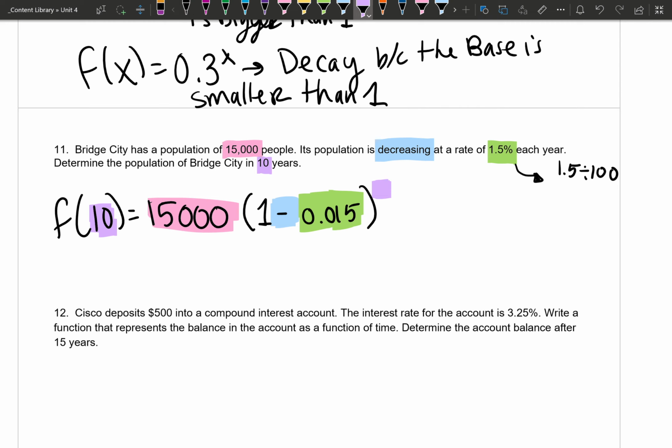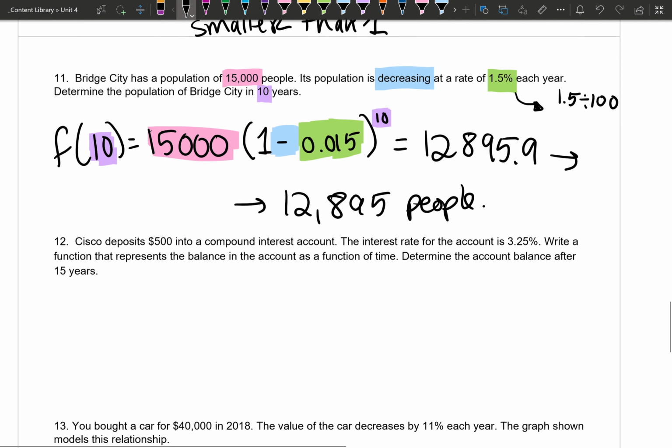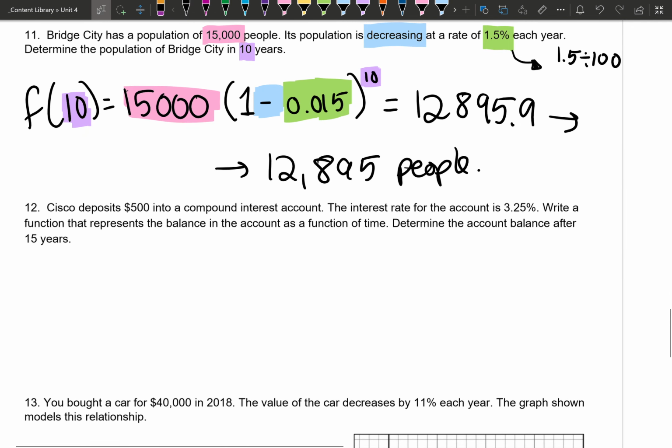We get 0.015. And we're going to set it to the power of 10. Now, when I put this in my calculator, I get 12,895.9. But that doesn't make sense. There's no such thing as 0.9 of a person. A person either exists or does not exist. So I'm going to round it down to 12,895 people.